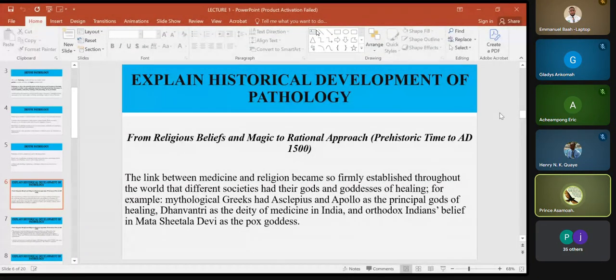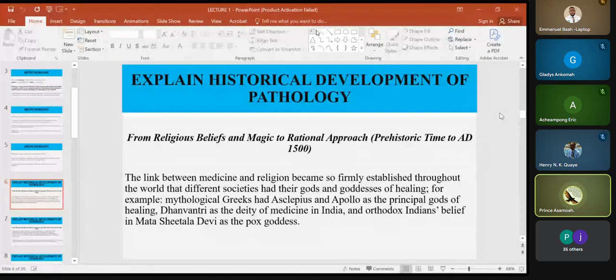When you go to the Greeks, studying Greek mythology, you come across certain deities, Asclepius and Apollo, even Diana. These were considered essential in the treatment of diseases. That was when our knowledge in the scientific field was very limited.